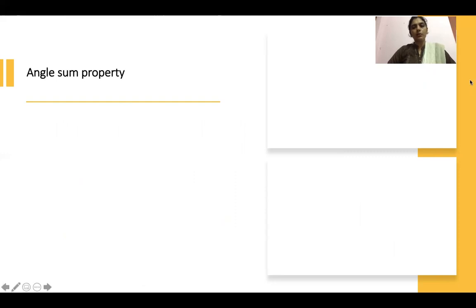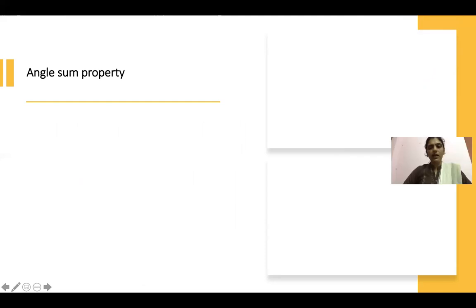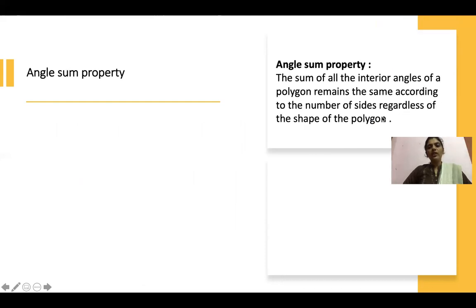Now, angle sum property. Angle sum property of a polygon says that sum of interior angles of a polygon remains same according to the number of sides regardless of the shape of polygon. So it means for any triangle, the sum of interior angles is 180 degree, whatever its shape is, whether it is right angle, scalene, or isosceles.